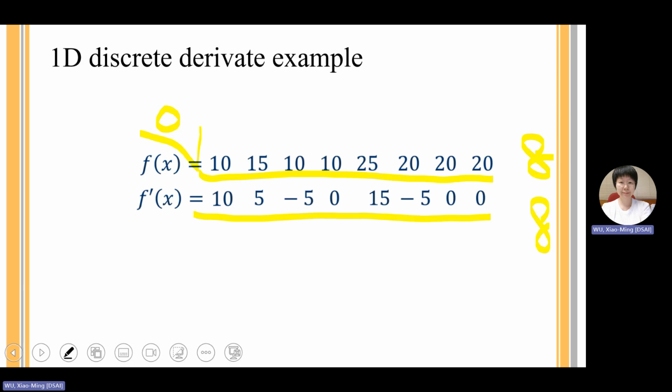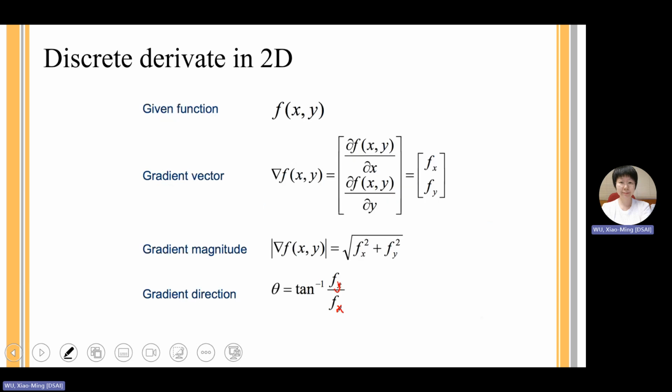We have seen the case of one variable, where the function has only one variable x, a one-dimensional function. But images are two-dimensional. For a function with multiple variables, for example an image function, it has two variables, x and y. Then what do we do? Of course, we can take the derivatives in two directions.